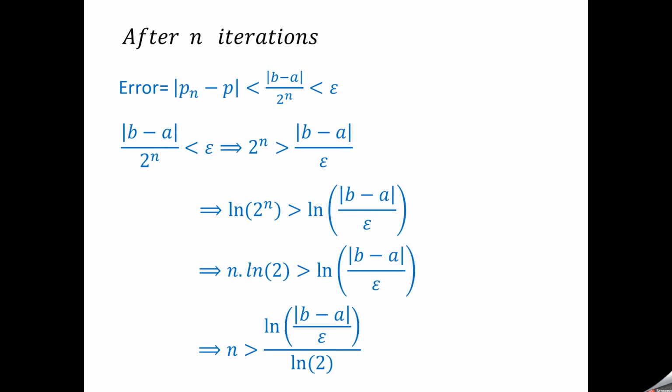So we use n greater than ln of b minus a over epsilon, by ln 2, where a and b are the lower and upper limits of the starting interval, and epsilon is the accuracy we need, that means error less than epsilon, that we put here. Then you will get n.